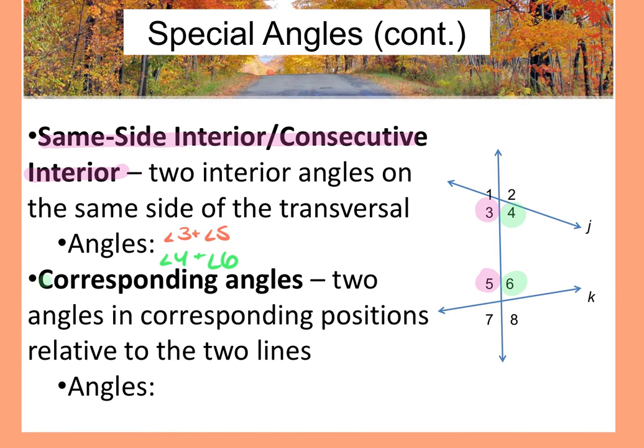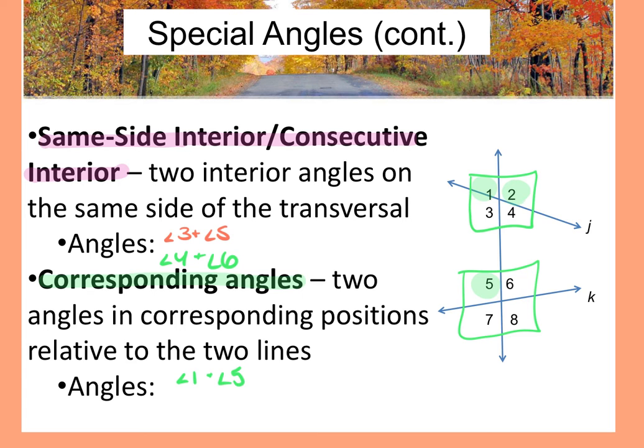And then the last are corresponding angles. These are two angles in corresponding positions relative to the two lines. The easiest way to identify corresponding is to make yourself a little box that goes around the intersection, because these are going to get turned in different directions. The top left in the first box corresponds to the top left in the bottom box, so angle 1 and angle 5.